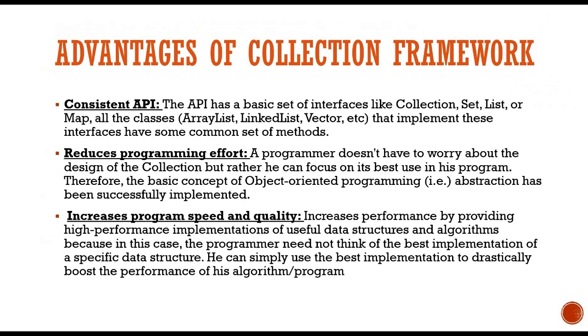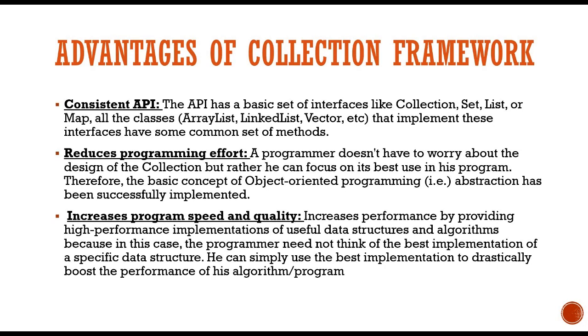Next we have advantages of a collection framework. Consistent API, reduce programming effort, increase program speed and quality. Consistent API: API has a basic set of interfaces like collection, set, list, maps, and all the classes, array list, linked list, vectors that implement these interfaces have some common set of methods.